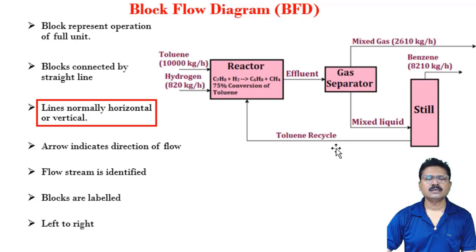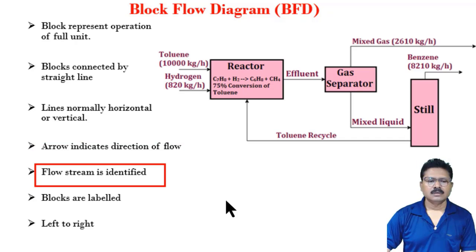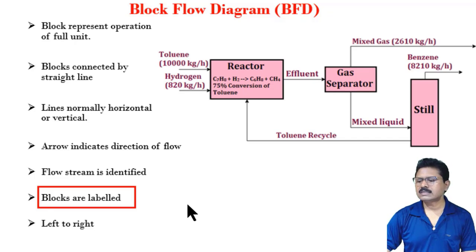These straight lines should normally be either horizontal or vertical. The direction of flow of each process flow stream must be clearly indicated by an arrow symbol. The flow streams should be numbered sequentially or identified. Say this is the toluene, this is effluent, this is benzene, like this. Unit operations, that is blocks, should always be labeled.